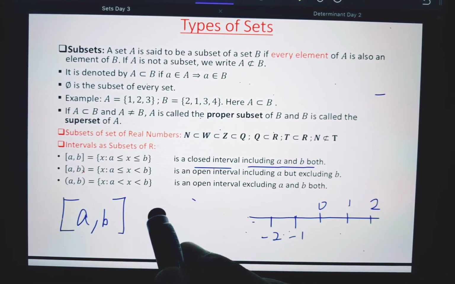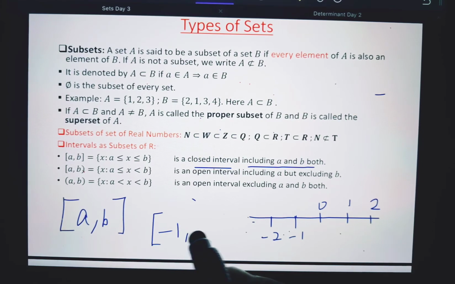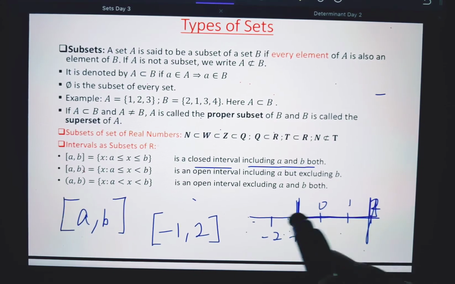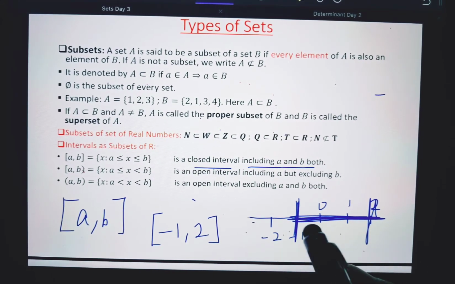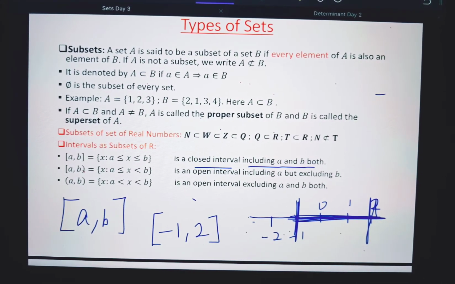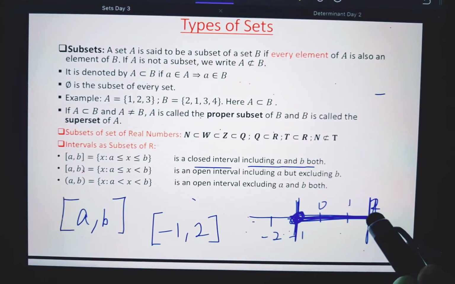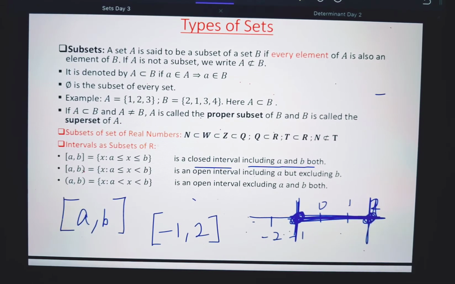If I ask for -1 to 2, it will be from here to here, and it will include -1 and 2. So you will just circle these points if you include them. We circle the points if we include those points. Clear? So it's a closed interval including a and b both.